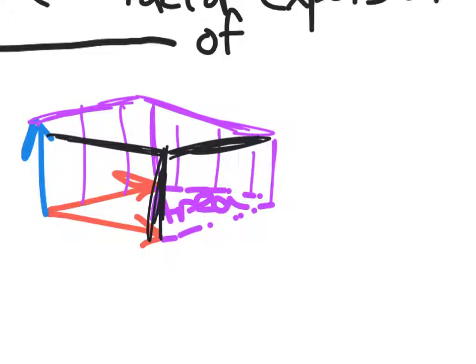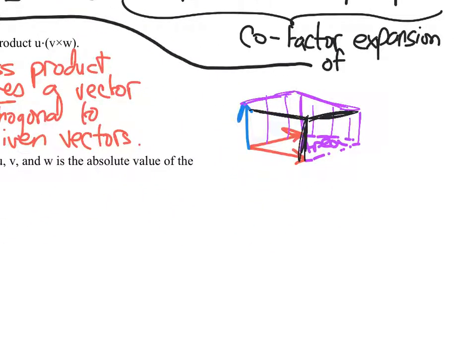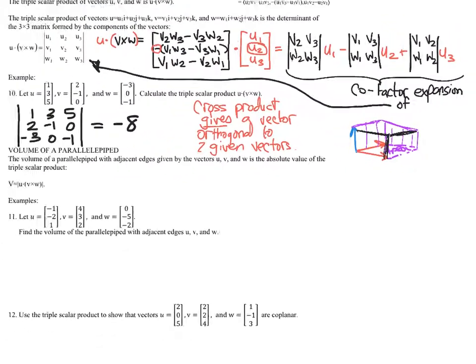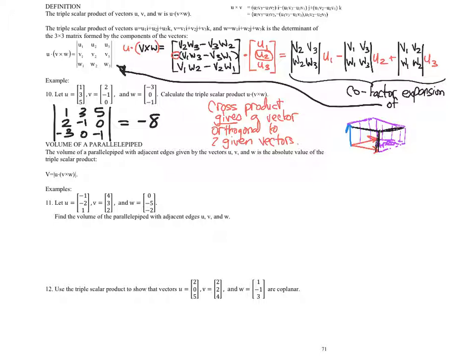So a triple scalar product is in fact giving you the volume of the parallelepiped that has those three vectors as its basis. So the basis of the three-dimensional system, you're talking i, j, k.